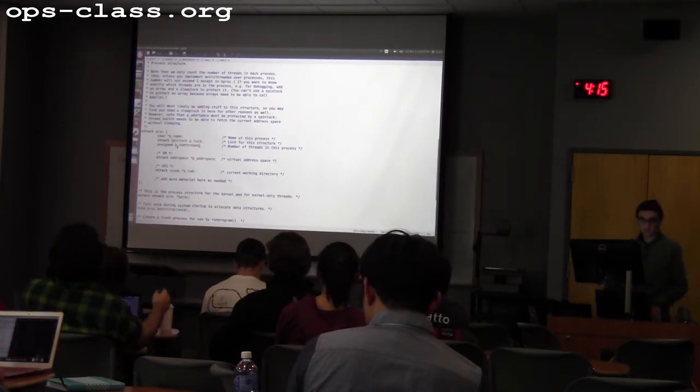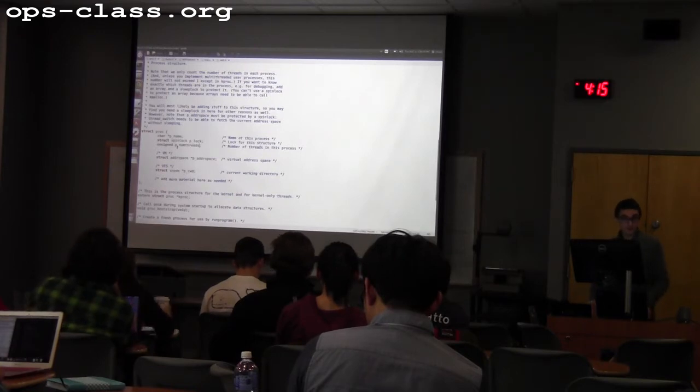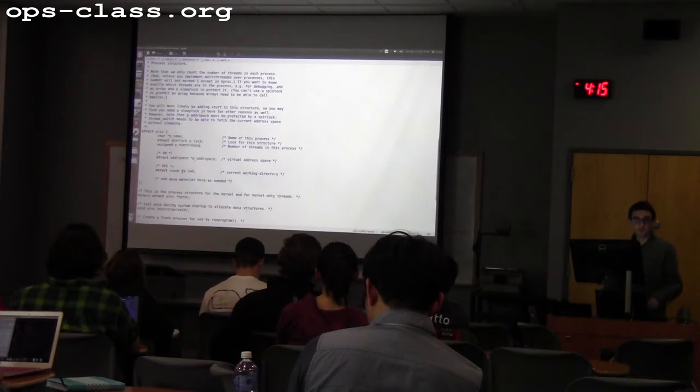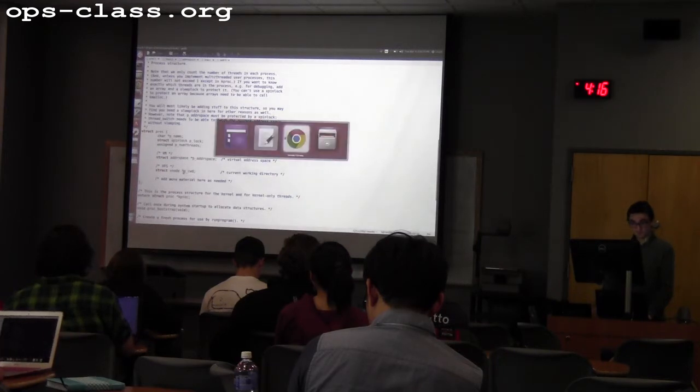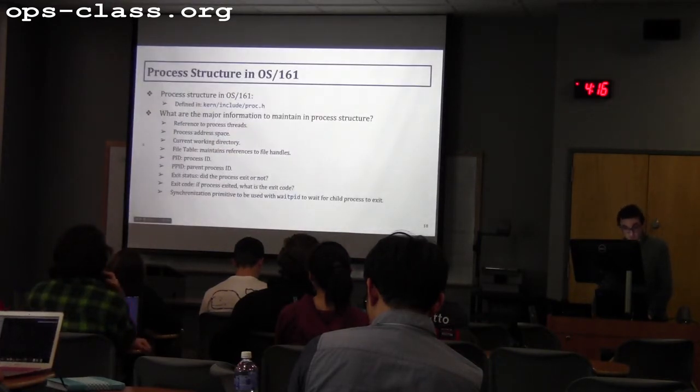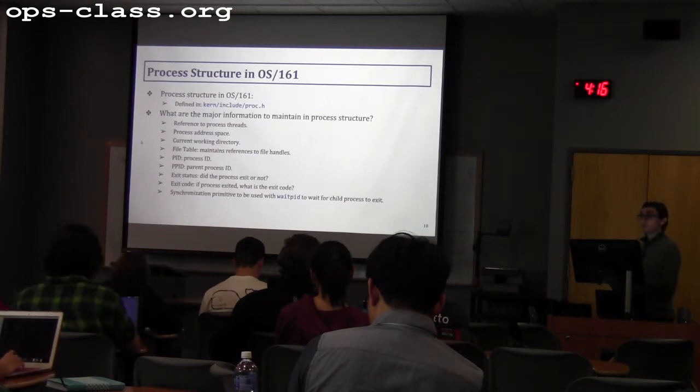So you don't need to worry about multi-threading. It also has the address space and a pointer to the current working directory. So this is what you have. What else do you need to add? If you think of the process, you need to have a reference to threads.